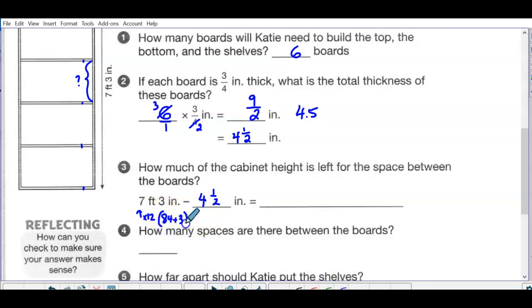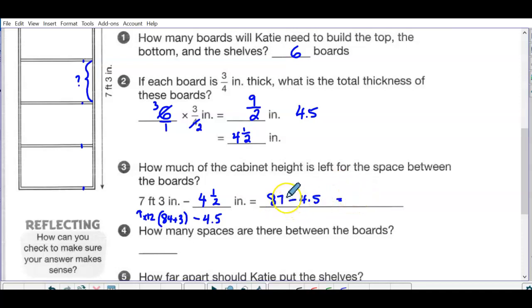So that's the total height of the shelf, and then minus, and if you want to use decimals here, you might find it a little bit easier, 4.5. So that's going to be 87 minus 4.5. So maybe I'll show it here, 87 minus 4.5.